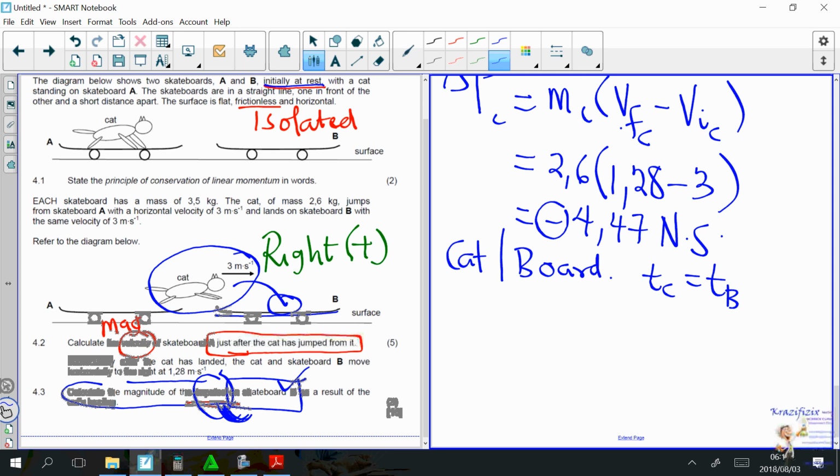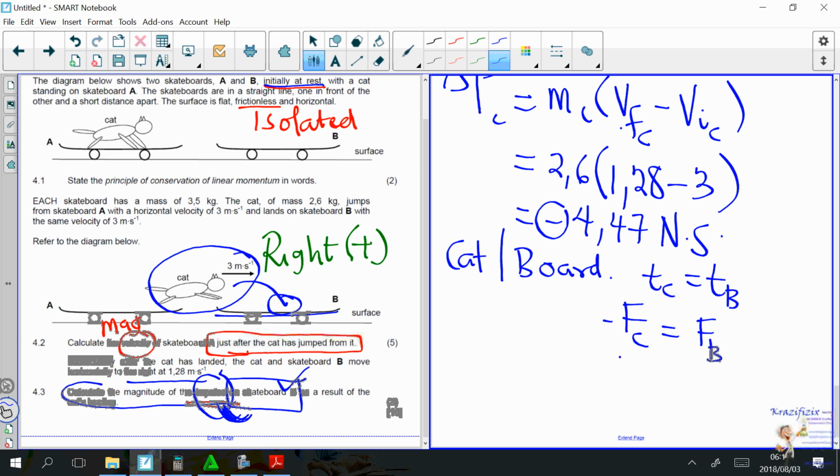According to Newton's third law, if object cat exerts a force on object board, the board will automatically and simultaneously exert the same force, equal in magnitude but opposite in direction. So F of C will be equal to F of B, but in direction we are going to have a negative.